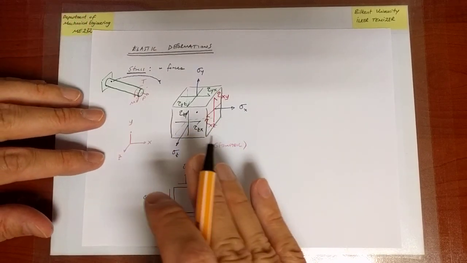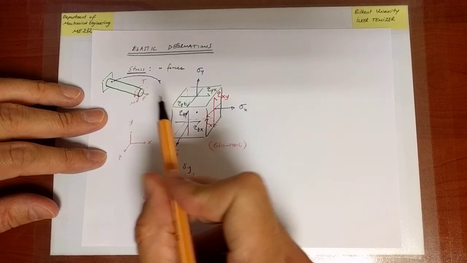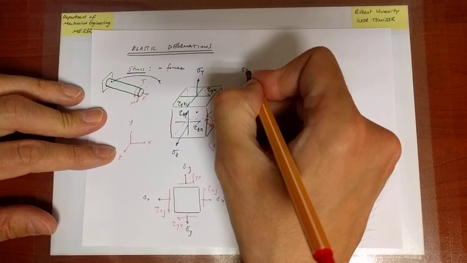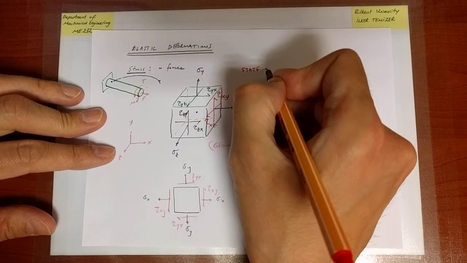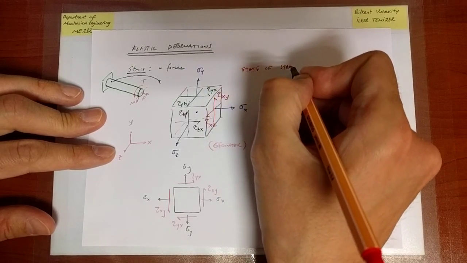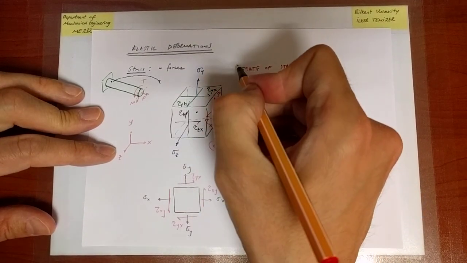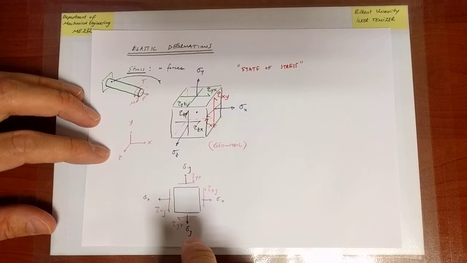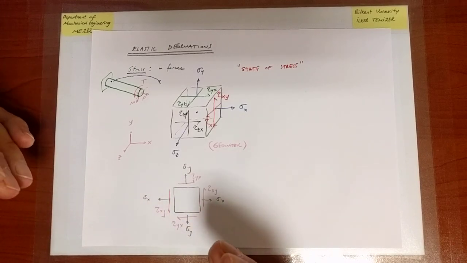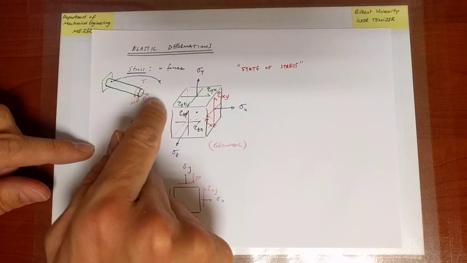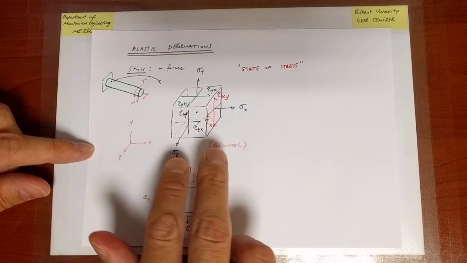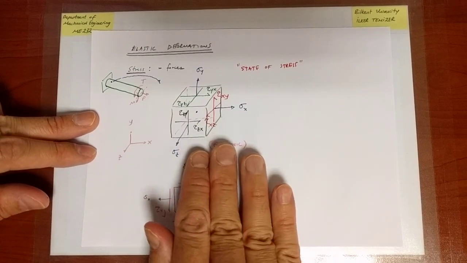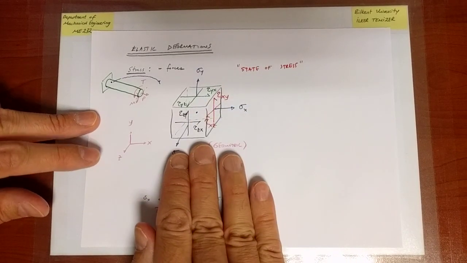Remember, there is a certain state of stress at a certain point in the structure, and that is what I am depicting. I am emphasizing this concept of state of stress because it turns out that there is a unique state of stress at a point within a structure when it's loaded, but eventually we will see in our next topic that there are multiple ways of depicting that state of stress.